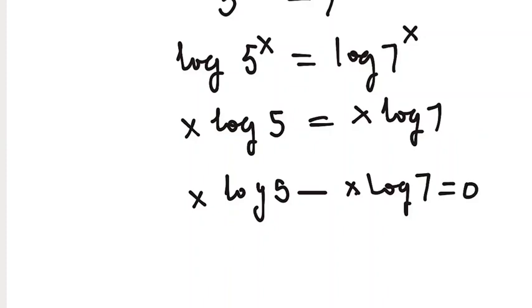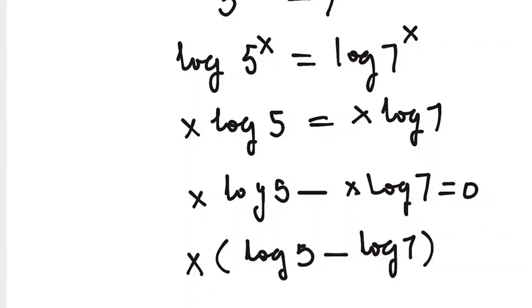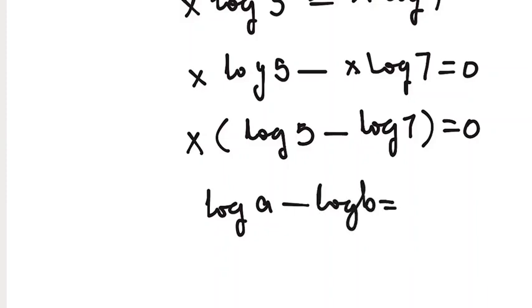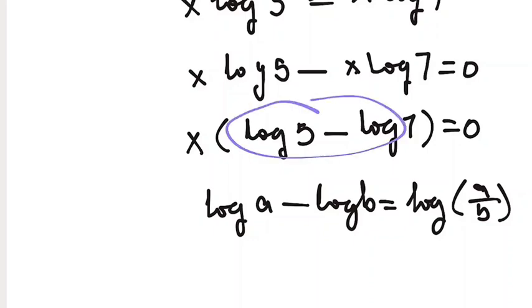So since x is common, you factor out x, you have x times log 5 minus log 7 equals 0. Alright, so from there, when you have log of a minus log of b, this will be log of a over b.